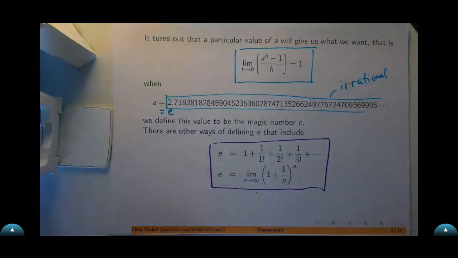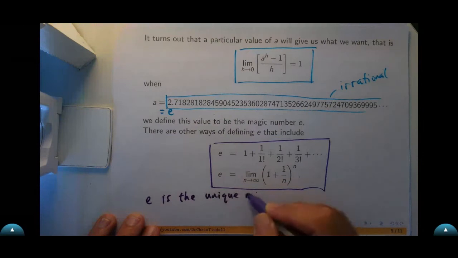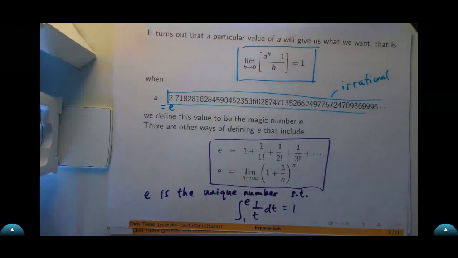But we can actually use what we've learned already in the last lecture to come up with another definition of e. So you can also add to this: it's the unique number such that, ST stands for such that, the integral from, this is like 1 to x usually, but we want a definite value here.